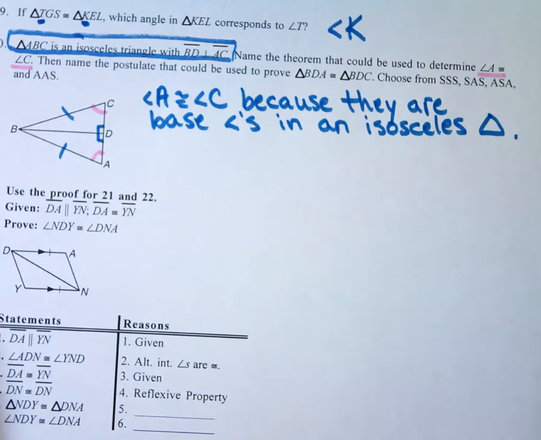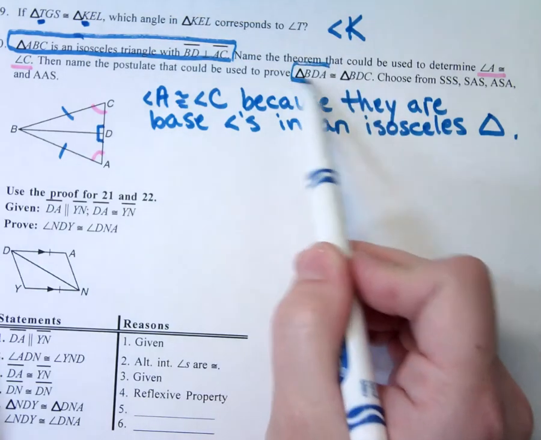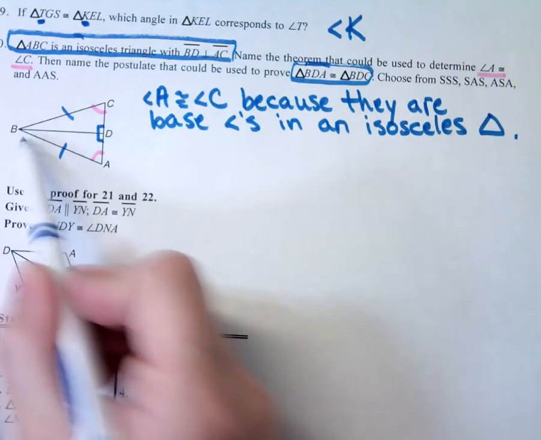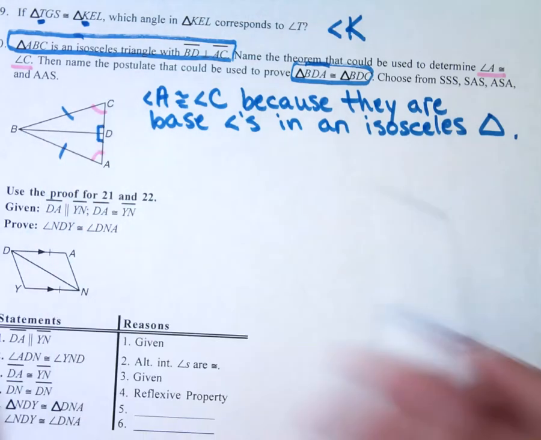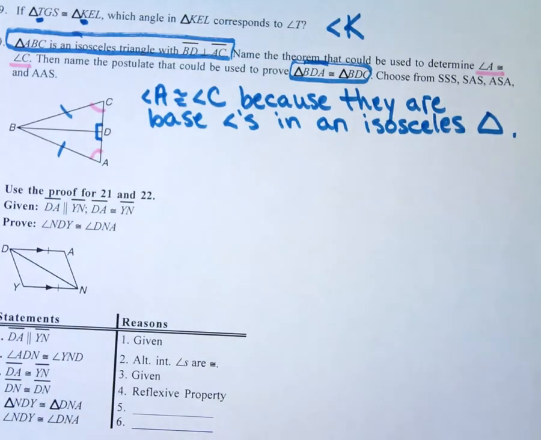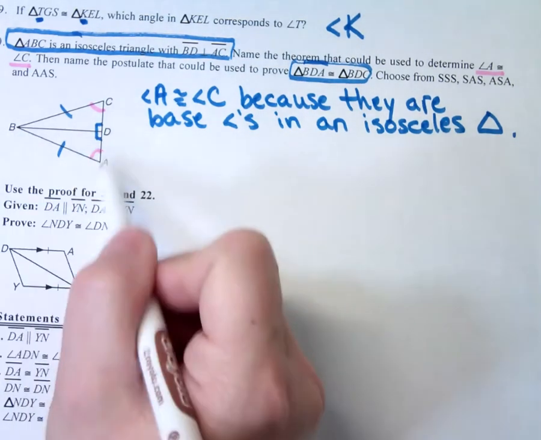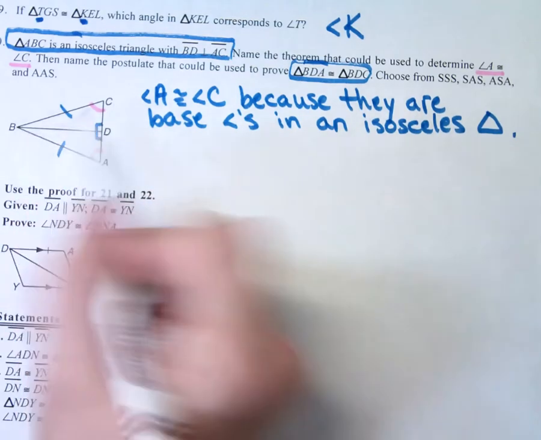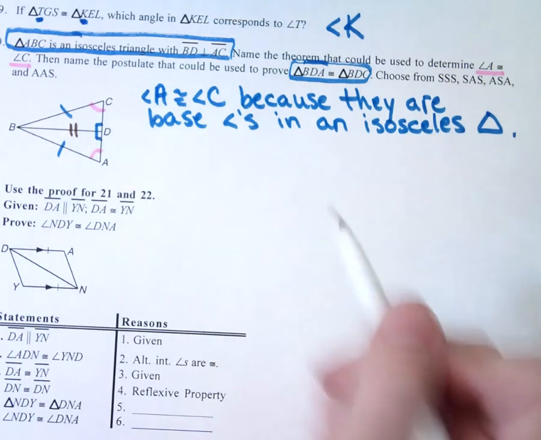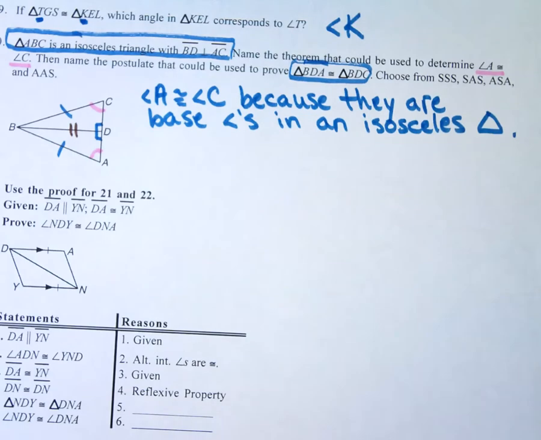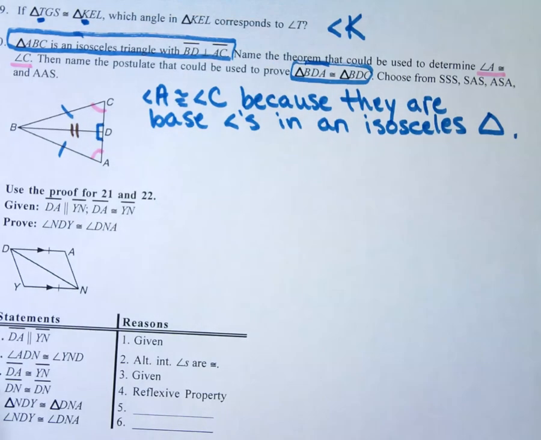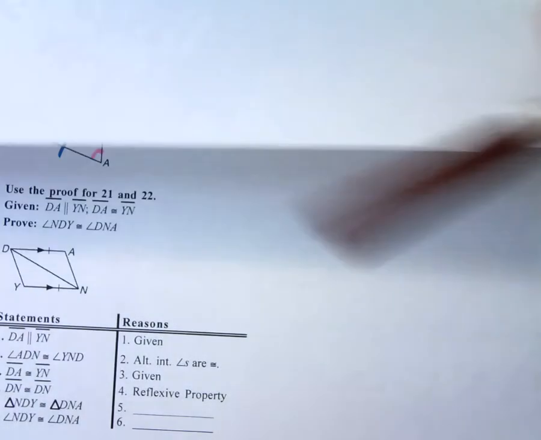Okay, then it says, name the postulate that could prove these two triangles congruent, triangle BDA and triangle BDC. Well, let's look at this picture. Is there something else we know about this picture that's not marked up? I know that segment BD is the same length in the left triangle as it is in this top one, so I can give it a tick mark. And if I just focus in, well, I didn't even have to do that.